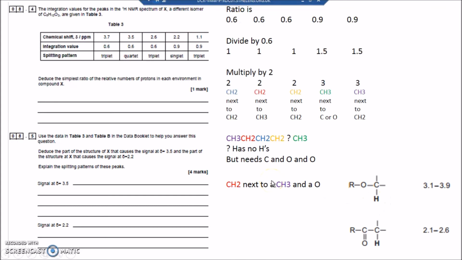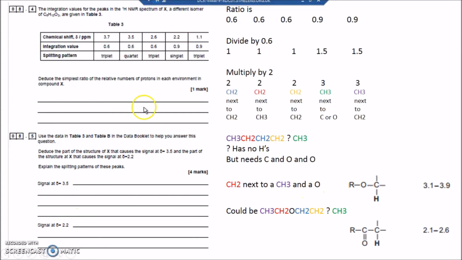There's an O bonded to the red one. Could it be CH3, CH2? Could there be an O there? CH2O, because I know the CH2 is bonded to an O. That gives me one of my O's that's missing.